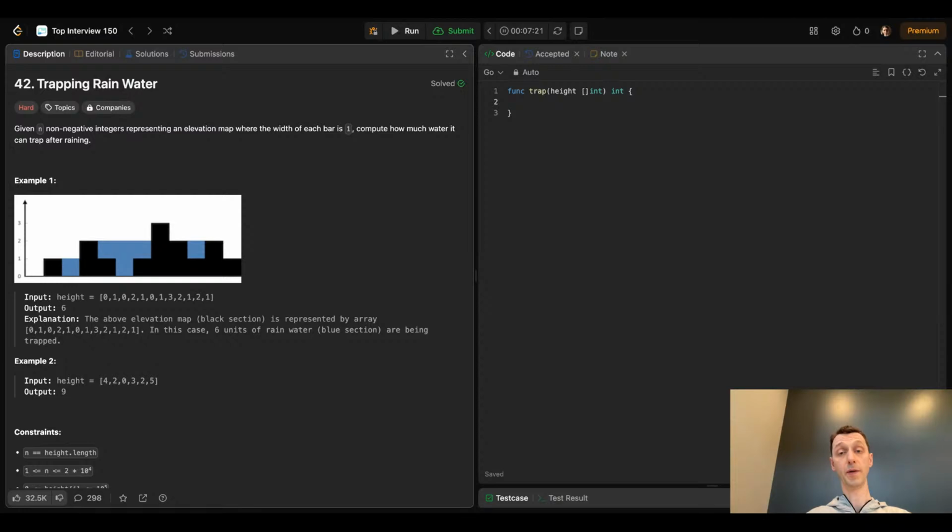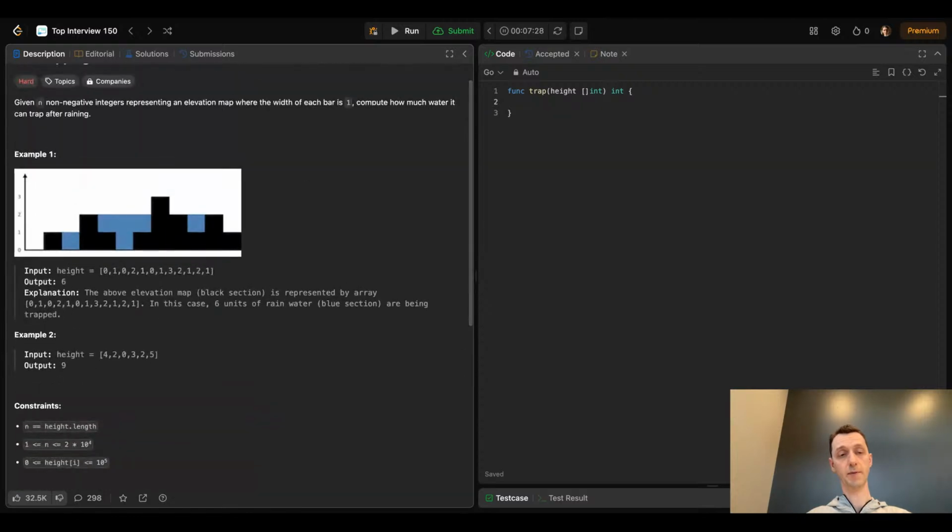By the way, if we were thinking about a brute force solution, which we could do, right? Is there a brute force solution here? Yeah, we'll start from 1. 1 can hold maximum 1. Start from 1 and we'll go to the next wall that is at least of height 1.